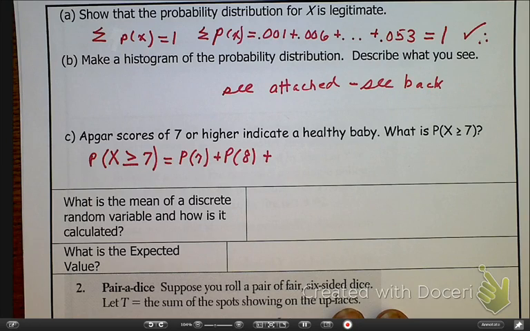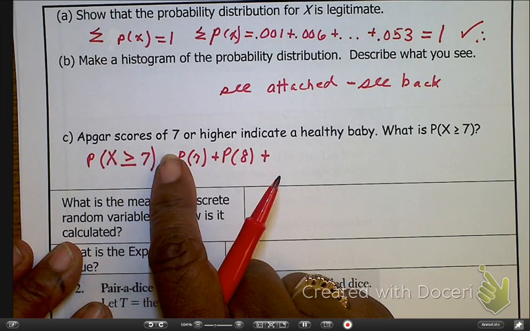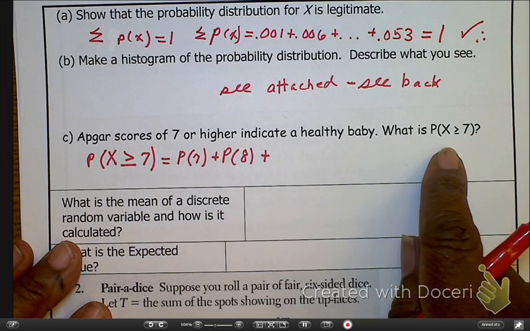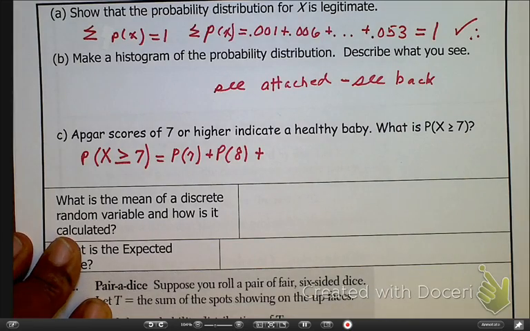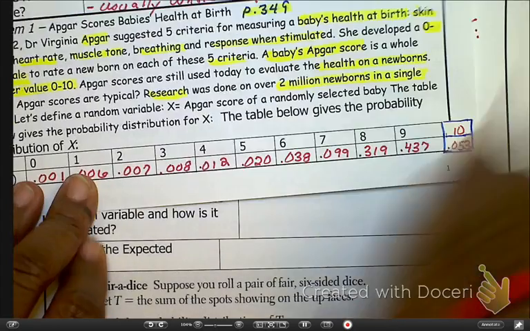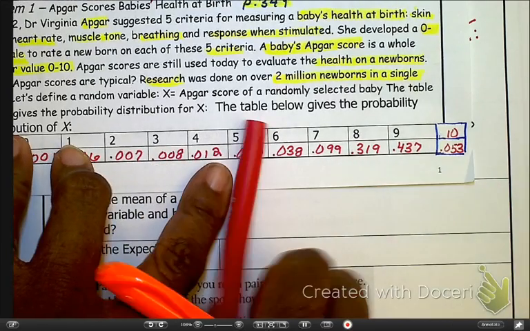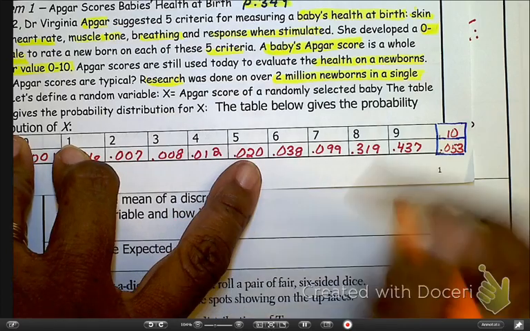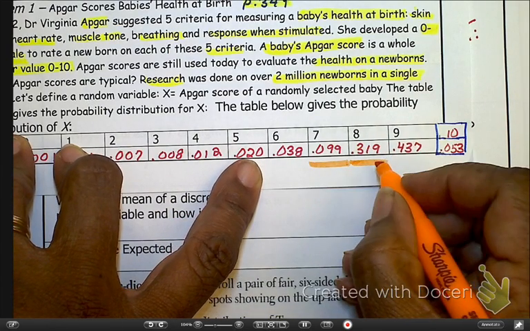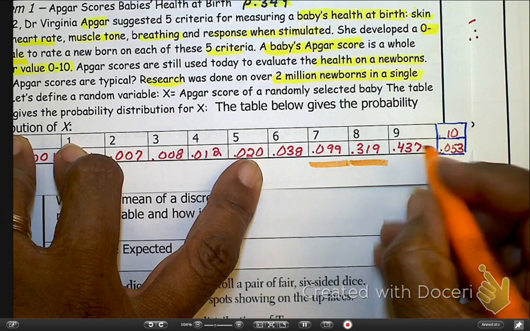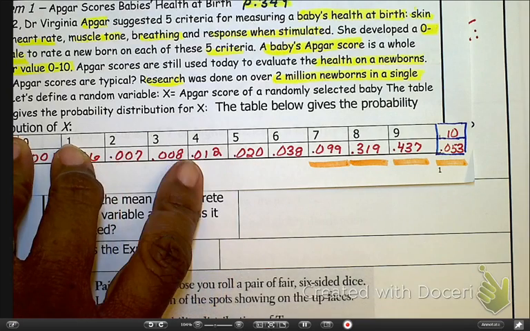So this next question is, they say here that an Apgar score of 7 or higher indicates a healthy baby. So we want to find the probability of the occurrence of getting 7 or higher. Let's look back at our chart. The probabilities of 7 or higher are going to be these values right here: your 0.099, your 0.319, your 0.437, and your 0.053.